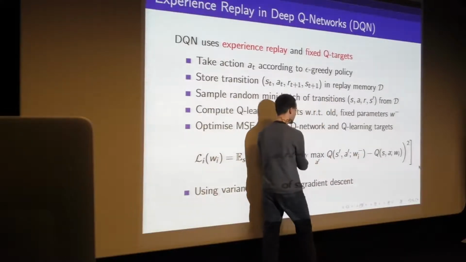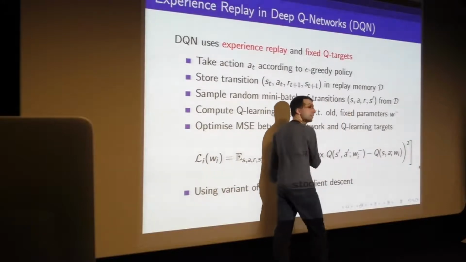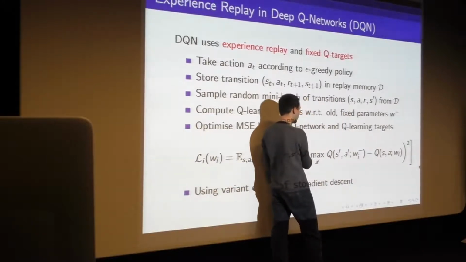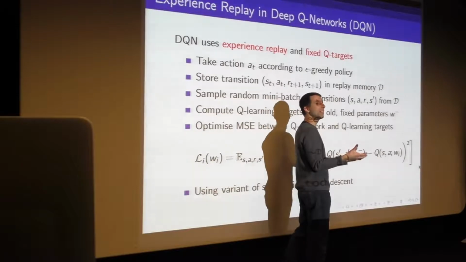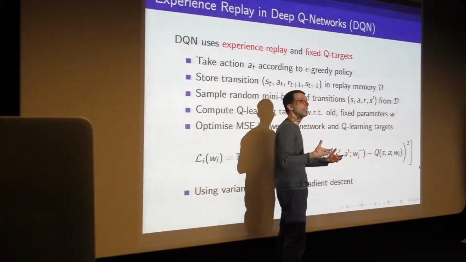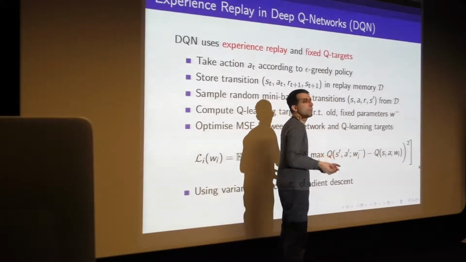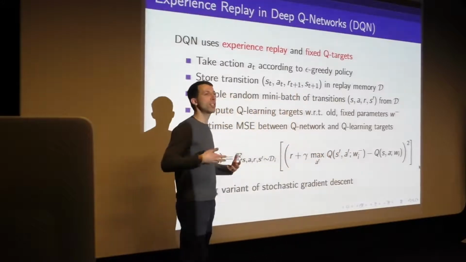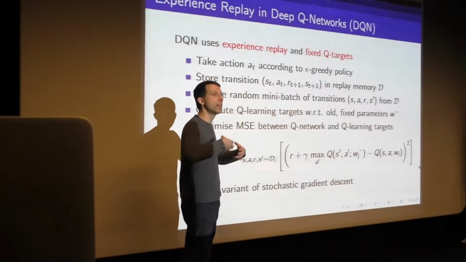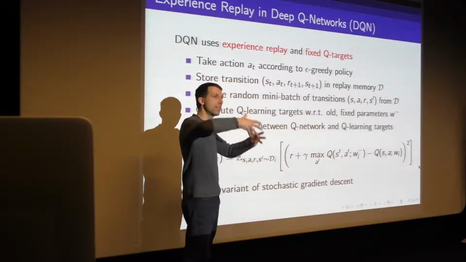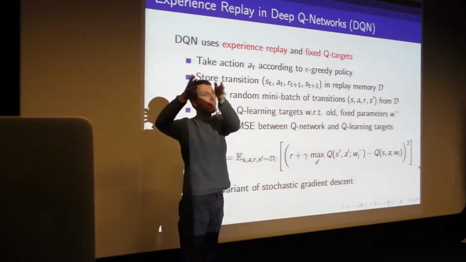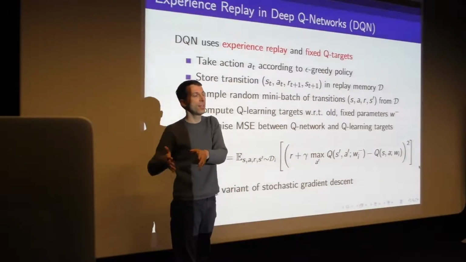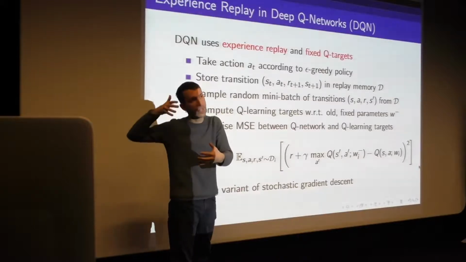The old parameters are going to be used to generate our target values. So we're going to bootstrap, the thing that we substitute for the oracle makes use of some old parameters. We don't use our freshest, most recent parameters in our target that we're plugging in place of the oracle. We use some fixed old values. And the reason is that we want to fix this because it gives us a more stable update.